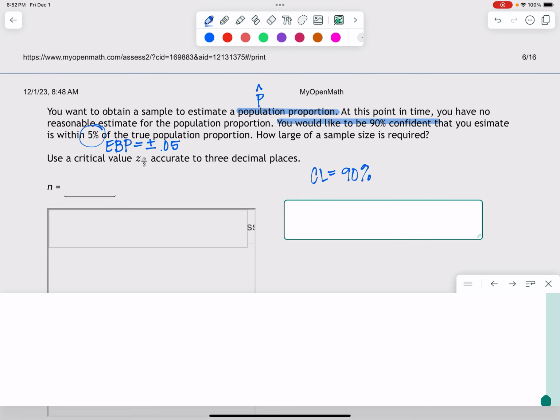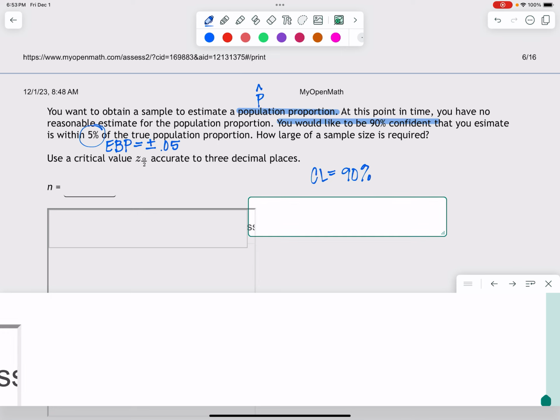Now you have a formula for this one. When you are dealing with a proportion, and I'm pulling this off of the exam 4 handout, it's on the right hand side under sample size determination because that's what we're trying to do.